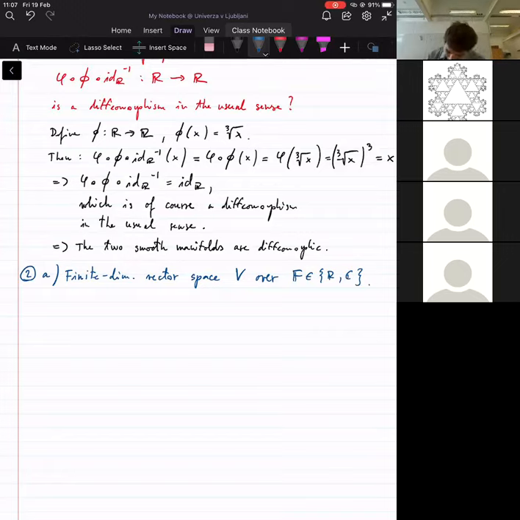Okay, so first off, topology. What topology is like a natural one on the vector space V? A topology induced by the Euclidean metric.